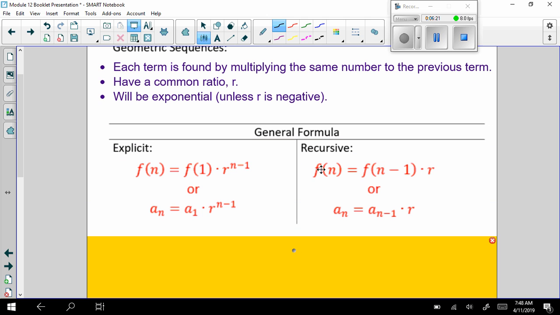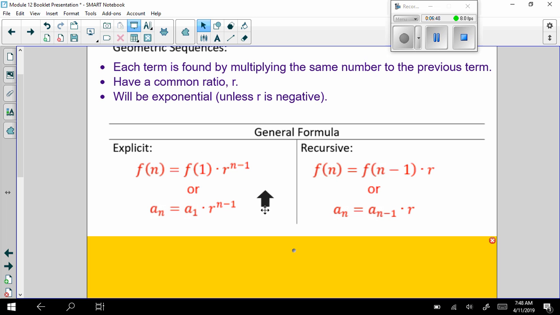So again, we have two types of formulas, our explicit and our recursive. Go ahead and pause right here to write these down. Our explicit, using our function notation, f of n equals f of 1, that's our first term, times r, that's our common ratio, to the n minus 1. Make sure this n minus 1 is all in the exponent position.